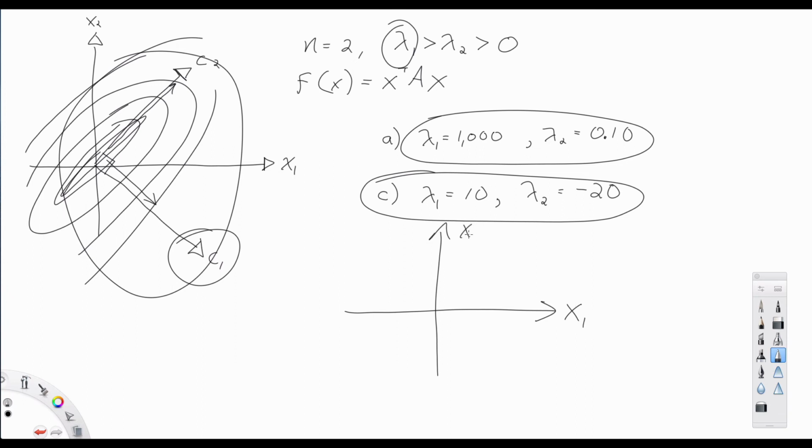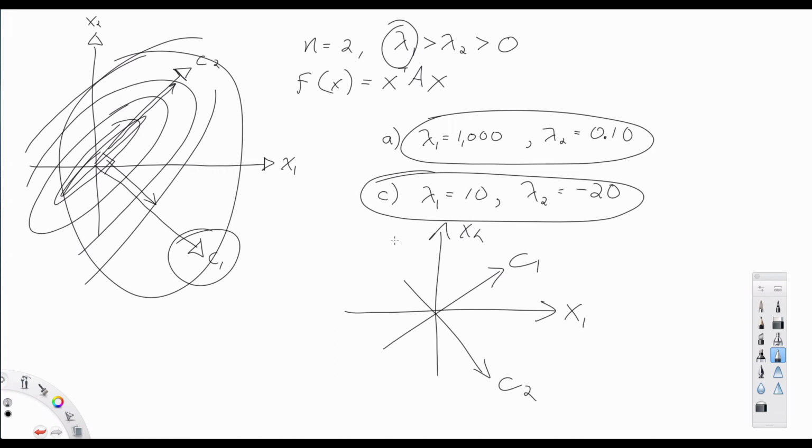Say that's x1, that's x2, that's c1, and that is c2. So with the direction c1, we're going to be increasing, but then in the direction c2, we're going to be decreasing.